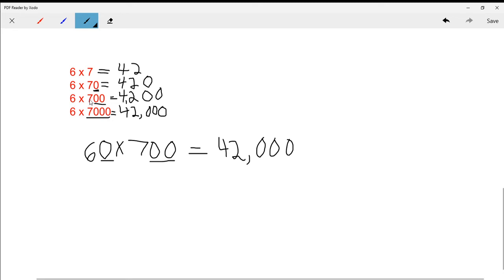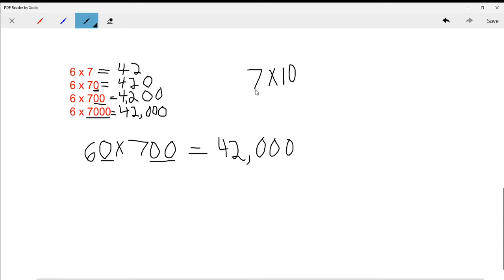So 6 times 7 is 42, obviously. And so let's just start with this one, 6 times 70. Okay? So 70 is basically 7. We could break it down into 7 times 10. Okay?